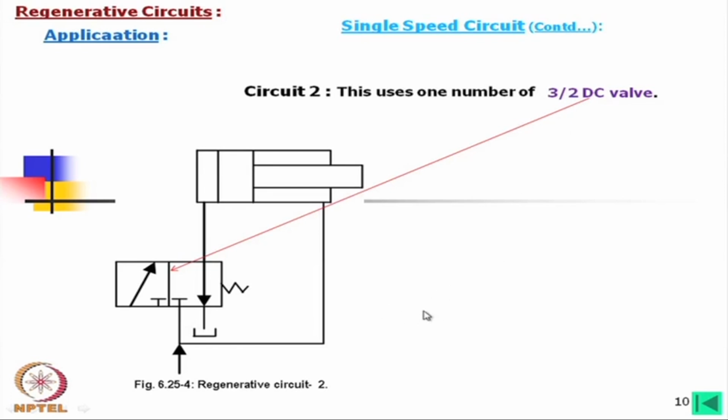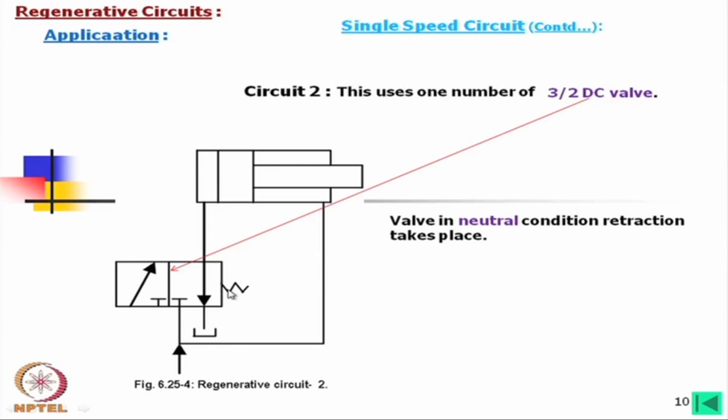Now, let us see what happens. When the valve is in neutral condition, retraction takes place. That means, if we put the valve in this direction, this is the neutral position, instead of neutral we can say this is position 1, the normal position.